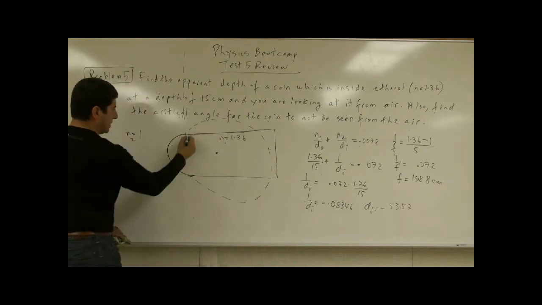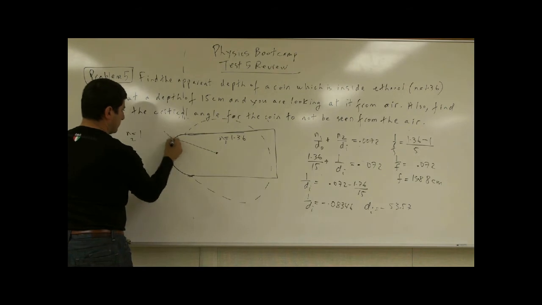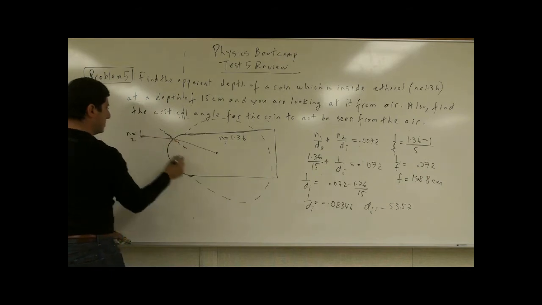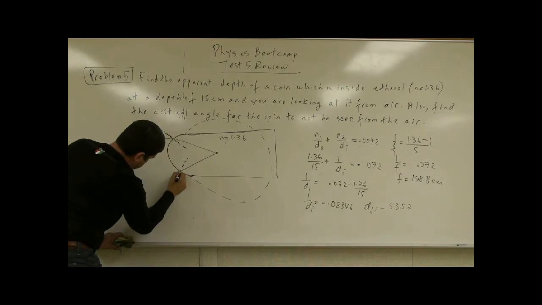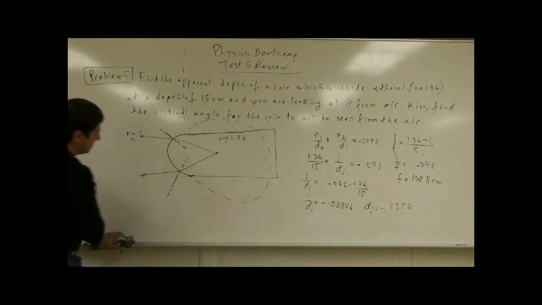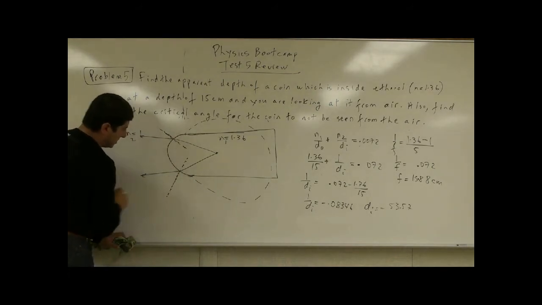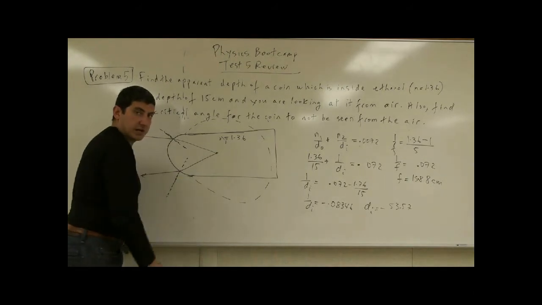So what's happening is the light rays are coming, okay, and what is happening to them? They are bending away from the normal. Light rays coming. It comes down here and it bends away from the normal. Now notice what happens. Since this is curved a lot, it actually looks like the object is farther away this time.